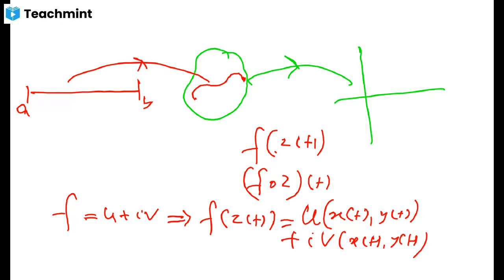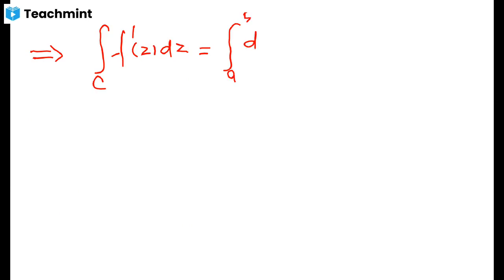And now apply the integral over it. What we get: I can write this as the integral over c of the derivative of f at z dz, which is equal to the integral from a to b of d upon dt of f of z of t dt.